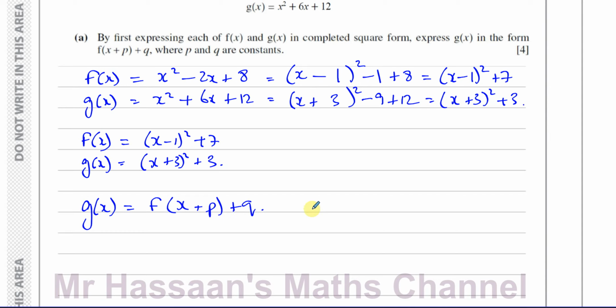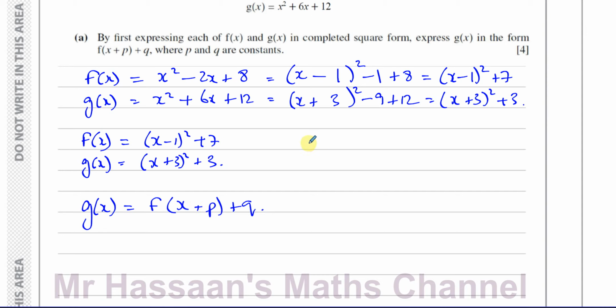Basically, we have to know how this is going to become that. What do I have to replace the x with in f of x in order for it to become x plus 3?